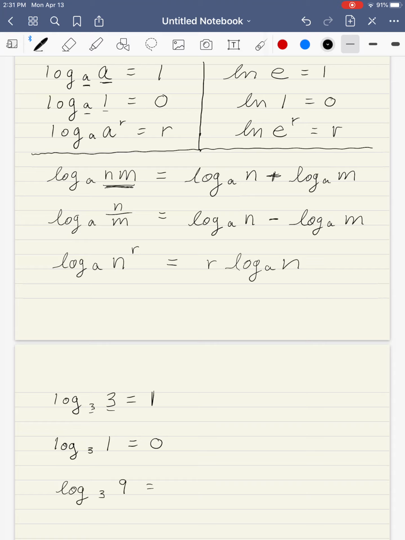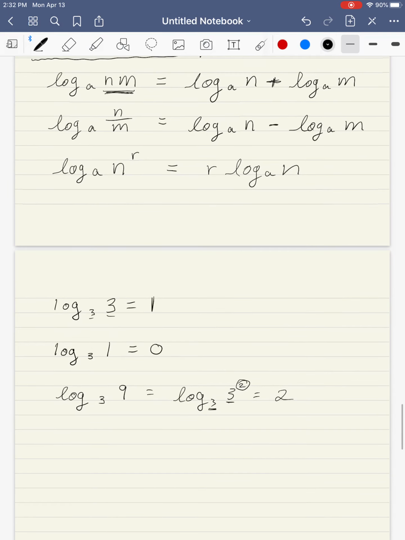What about if I have the logarithm base 3 of 9? That's the same thing as the logarithm base 3 of 3 squared. So I'm saying 3 to what power equals 3 squared? Because the base and the base on the exponent are the same, that's just equal to my exponent.